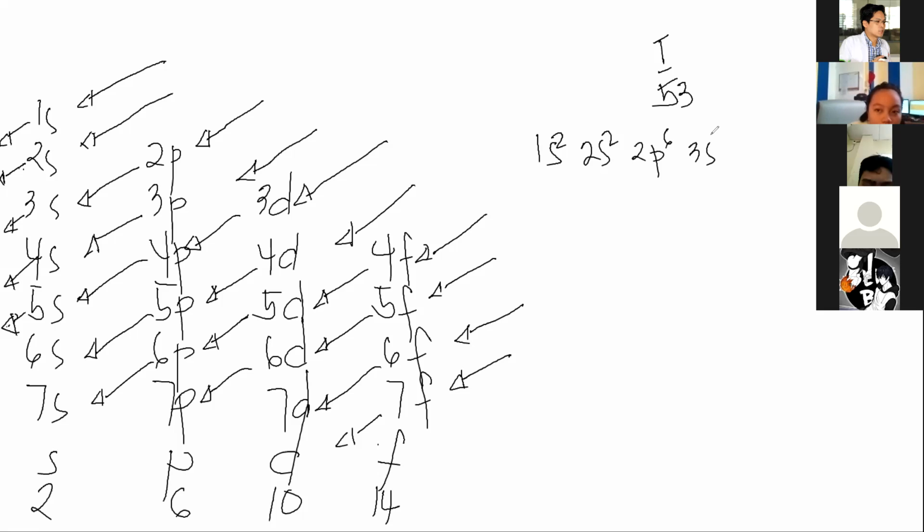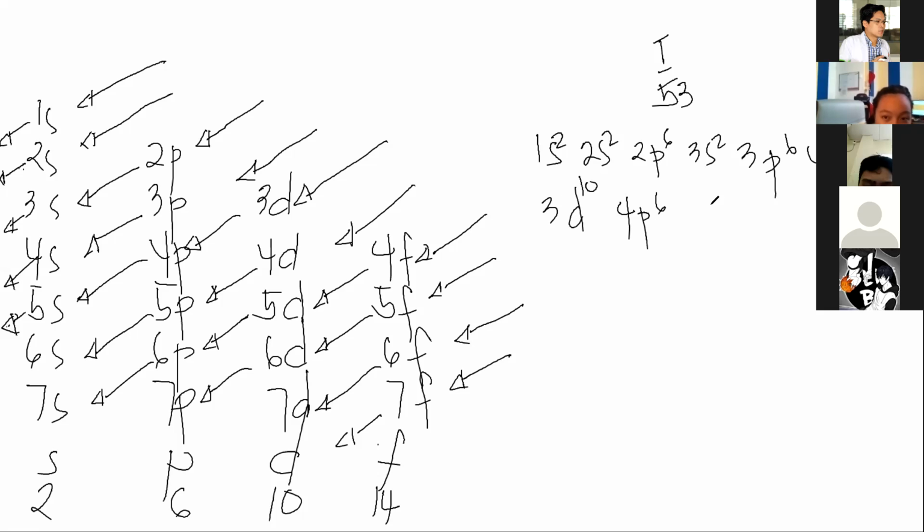3s2. Then continue. 3p6, correct. Then 4s2, correct. 3d10. Okay, next. 4p6, correct?